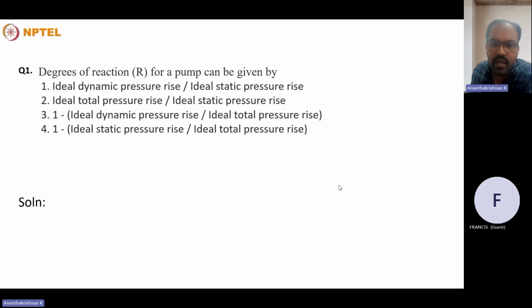Can you unmute and tell me? I'm not able to hear anything. It's not that great, but we can hear. Yes, sir, you're audible, but there is some shuttering in between. Today I'm using headphones, that should be the reason.